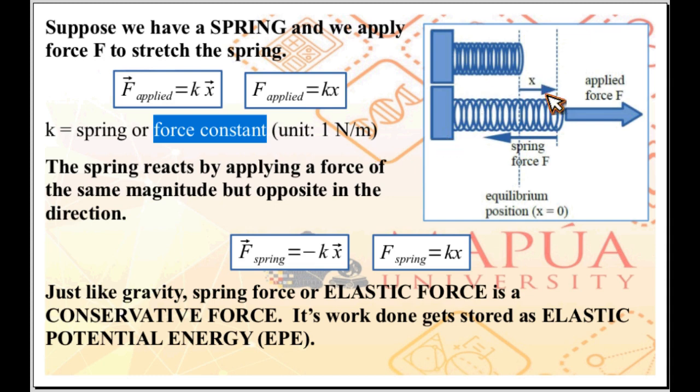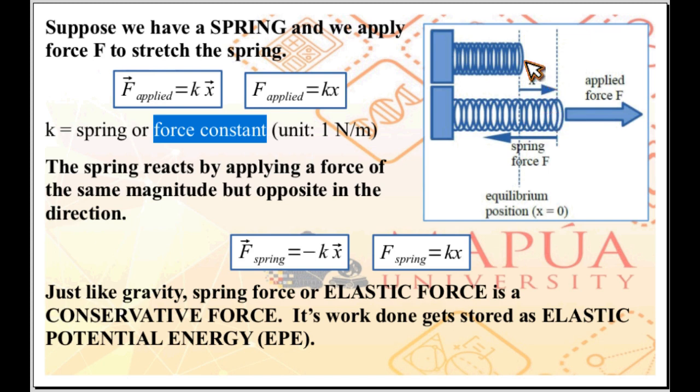If we look, x is heading to the right, the same direction as the force F that produced it. Thus, in vector form, F applied is equal to kx. Vector F and vector x have the same direction.